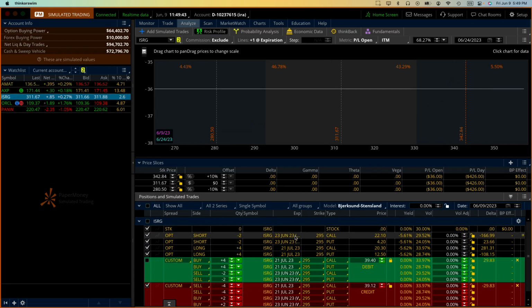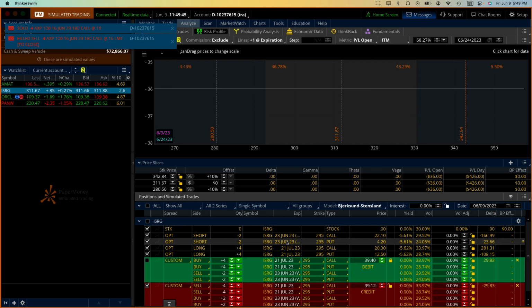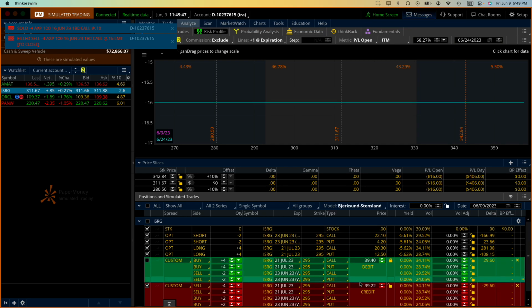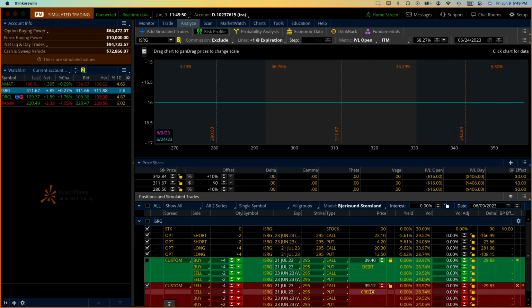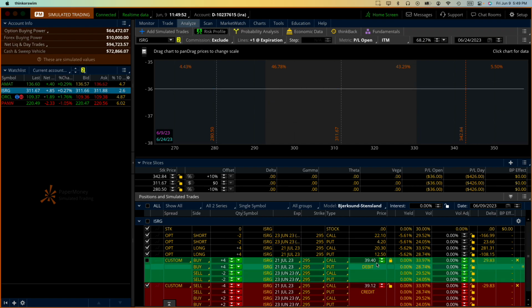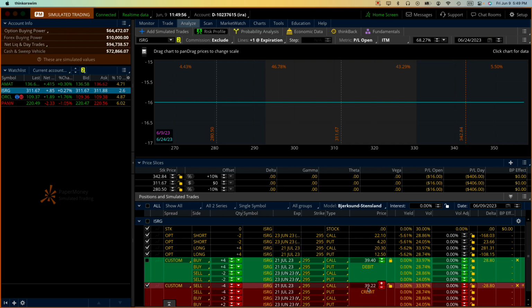ISRG, this expires next week. You can tell here that we're very close to even. This is our original price, 39.4, and our credit is, meaning if we were to close that position, we'd sell it for 39.22, a difference of $400.